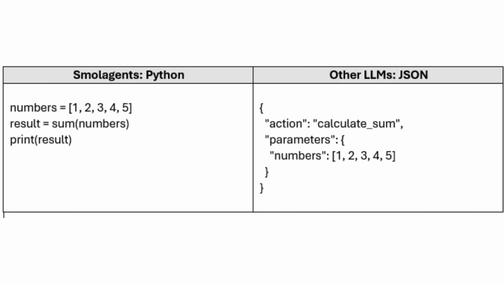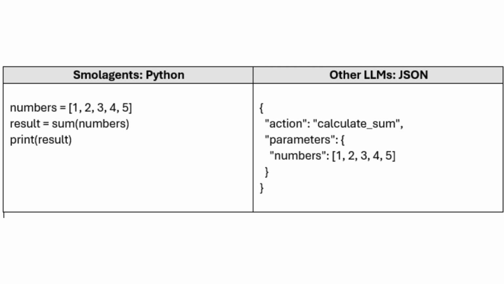In an agentic system, an action is any task that an AI agent performs, whether it's retrieving data, executing code, making API calls, or interacting with external tools. Most agentic frameworks handle actions using a two-step process. The LLM generates a request in a structured format, often in JSON.